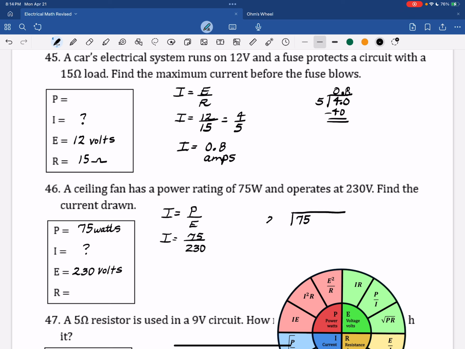So 230. We'll see right here, 230 times 3 is 690. Fifteen minus 9 is 6.